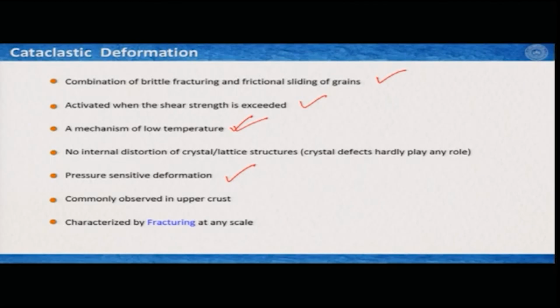If you recall, we have learned that the strength of the rocks varies greatly when we vary the pressure and pore fluid pressure. So, as I said, this is pressure sensitive and at the same time it is low temperature deformation. So, we commonly observe it in the upper crust or on the surface or at the shallow surface of the earth, and essentially it is characterized by fracturing at any scale, but today we will mostly look at the fracturing at grain scale.